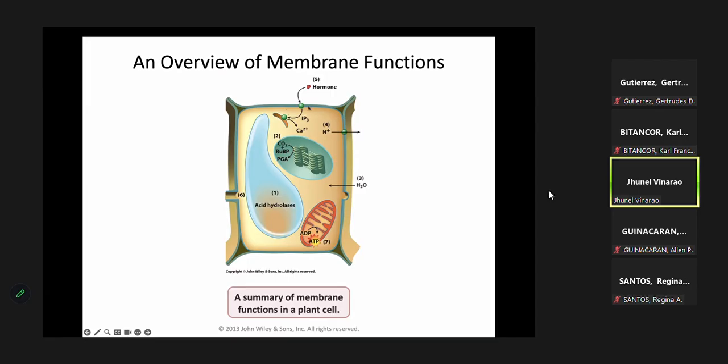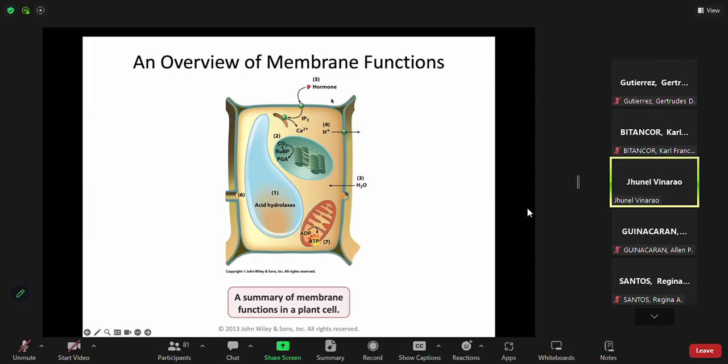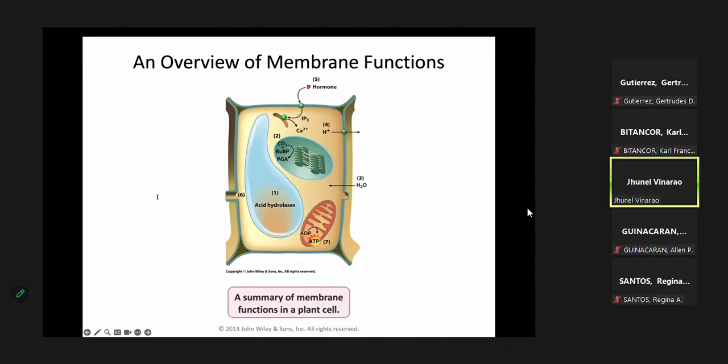Okay. Yes, yung membrane natin, very good. It can interact with cell membrane to trigger signaling pathways. Okay, very good. Release signals. Okay, cell-to-cell communication, very good.